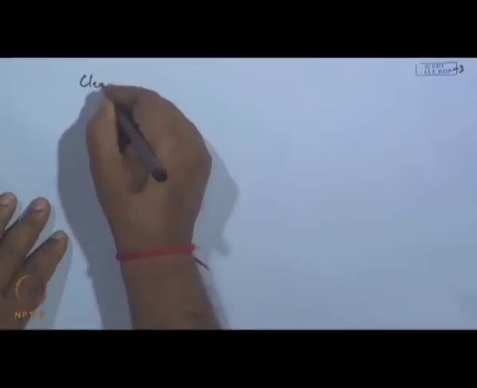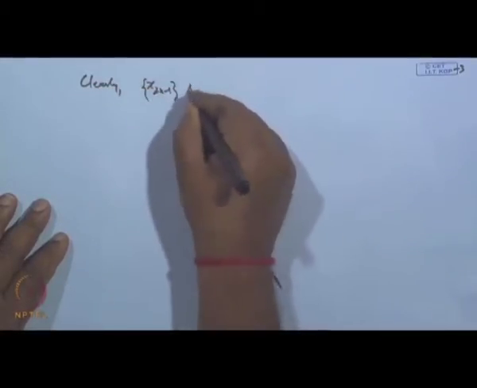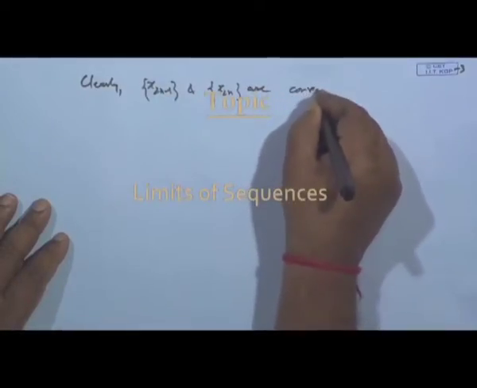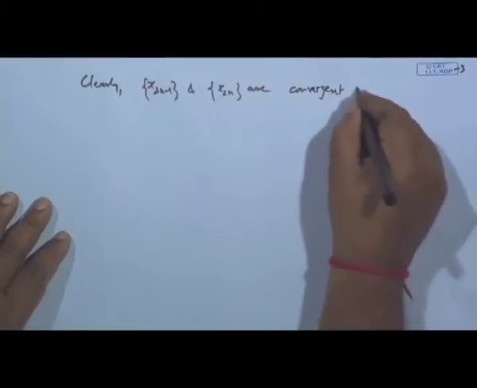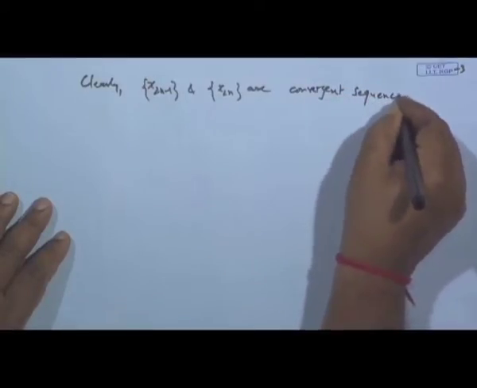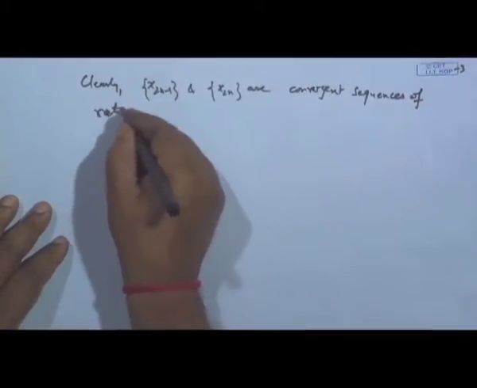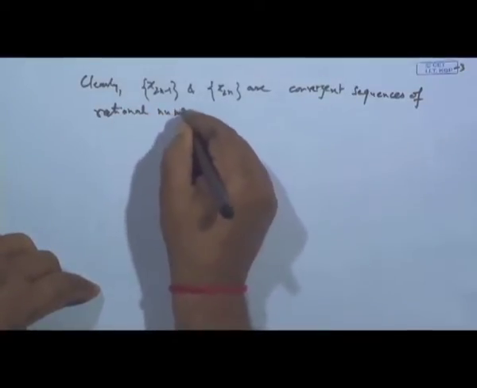Clearly, the sequences x 2 n minus 1 and x 2 n are convergent sequences of rational numbers. Why is it so?